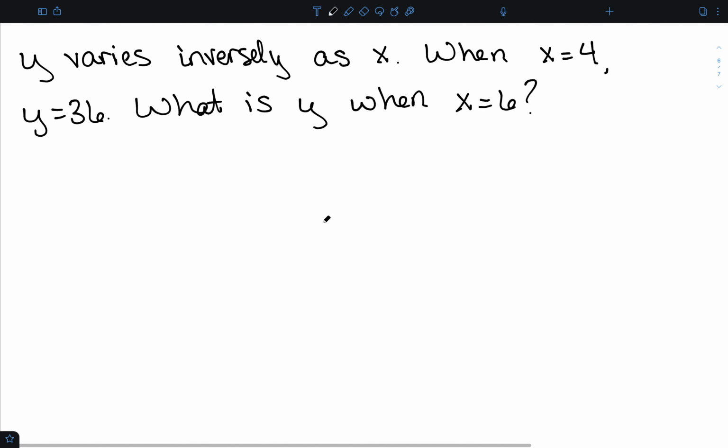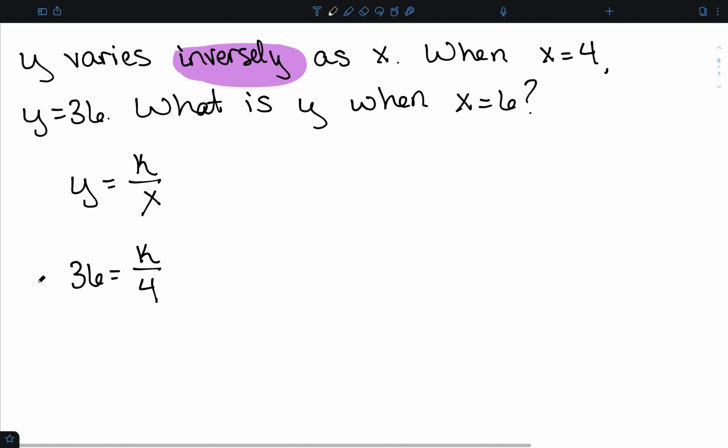For our first example, let's do a very basic example. We have that y varies inversely as x. So that means we know that y is equal to k over x. When x is 4, y is 36. So I have 36 equal to k over 4. I can multiply both sides of the equation by 4.